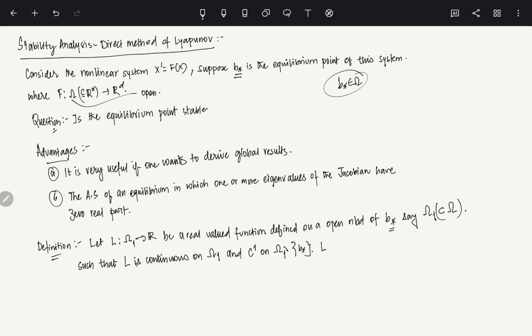L is said to be a Lyapunov function for the system, let's call it system 1, near the equilibrium B star, if the following holds.